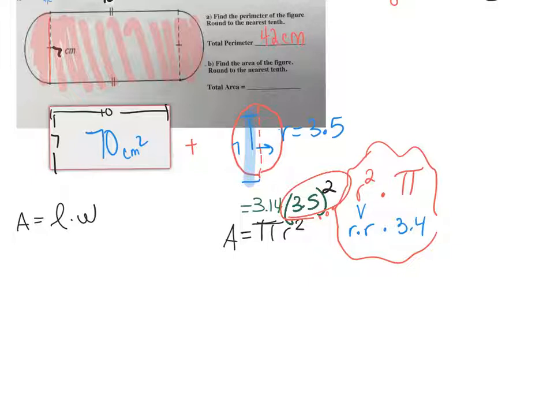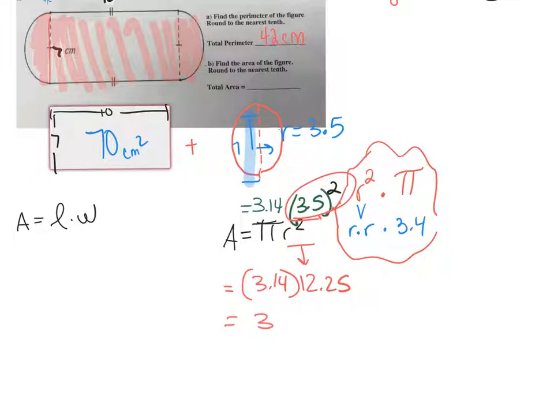Your job is to do 3.5 times 3.5. That gives you r squared is 12.25 times pi. And when I multiply 12.25 times pi, it gives me 38.465. That is the area of the circle.